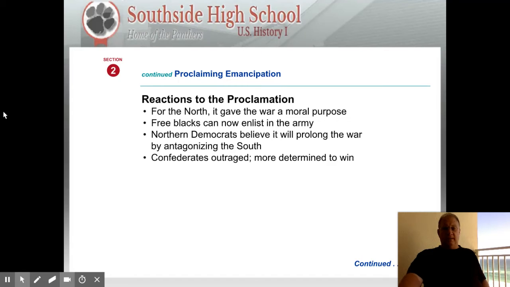But for the North, it gave the war a complete moral purpose. Now, again, nobody was hiding the fact that it was generally fought over slavery anyway, but this definitely gave it that purpose. Free blacks were now allowed to enlist in the Army. Northern Democrats believed it would prolong the war by antagonizing the South. The Confederates were outraged and more determined than ever now to win.